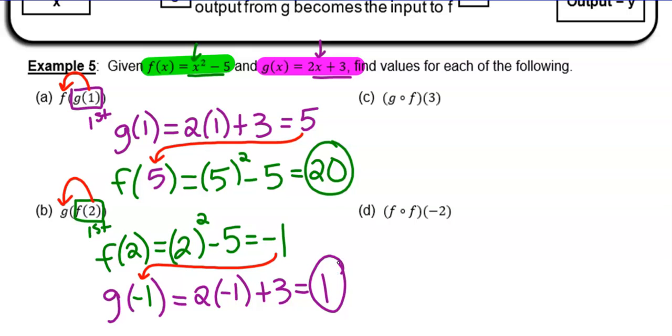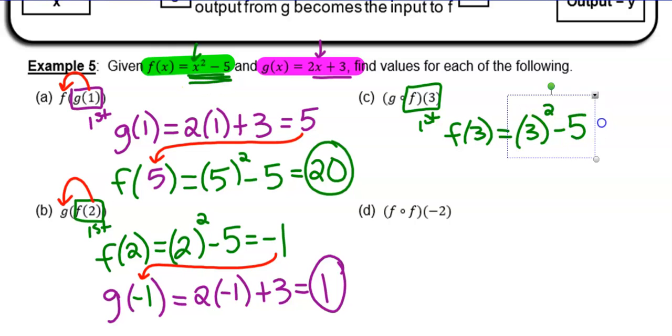All right, C and D just use the other notation. Okay, g of f of 3, still a composition. We're going to do the closest one first, so f of 3 goes first. F of 3 equals, that's the f function, 3 squared minus 5, and you get 4.